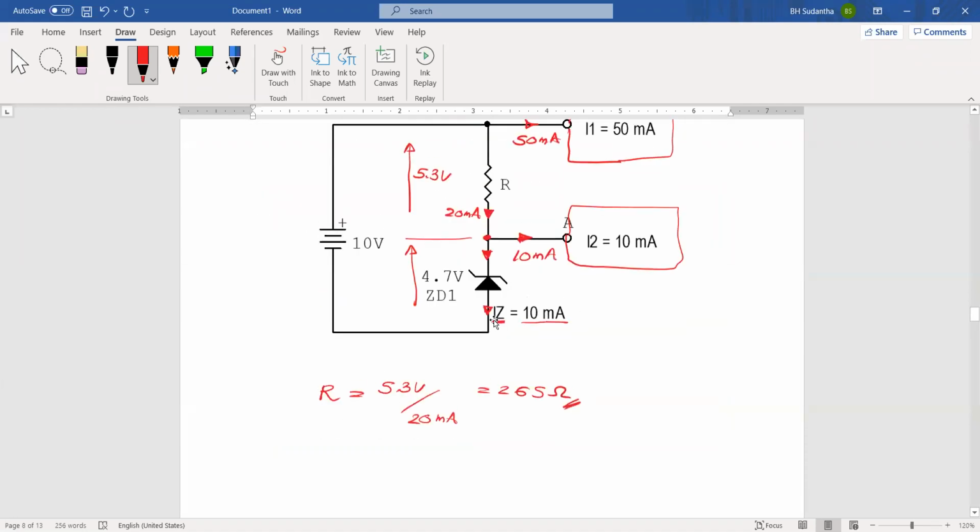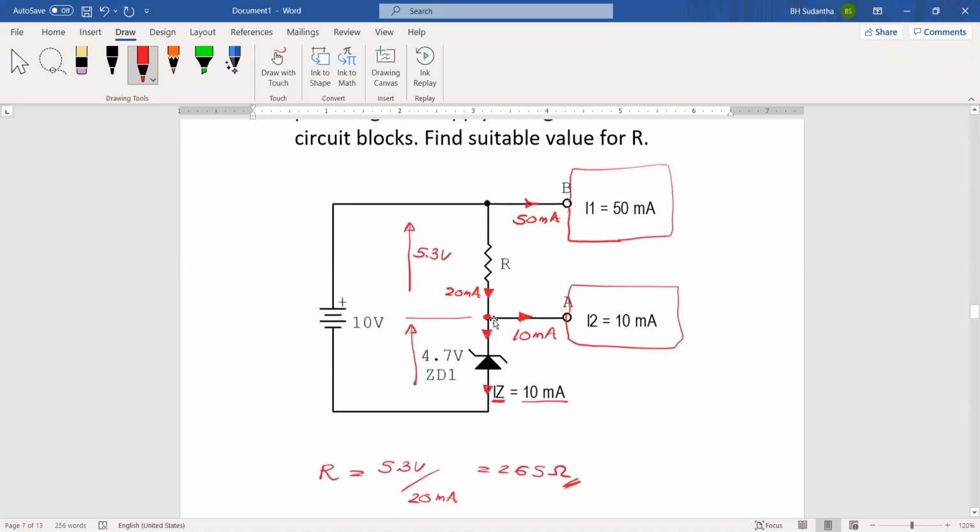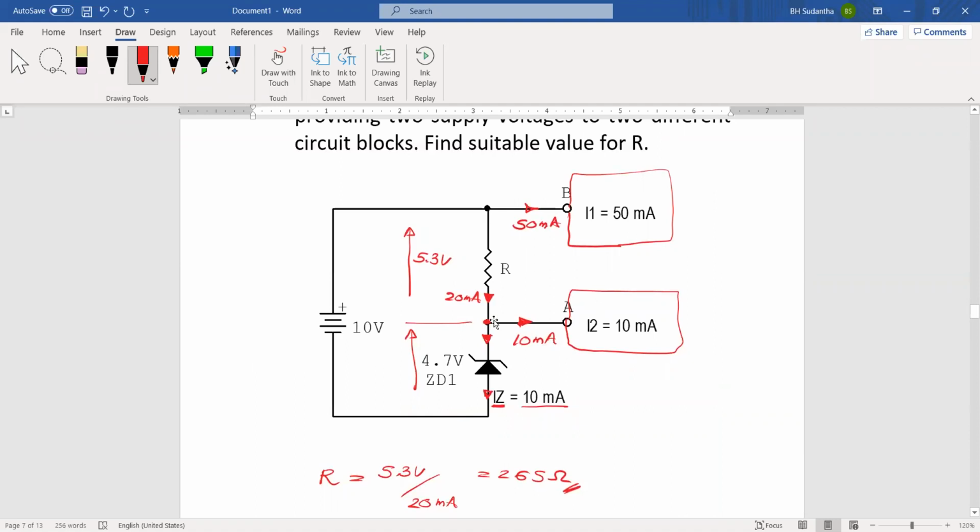And the previous question, it is asked to explain it again. Here, then we want to find this resistance. We want to find this one.